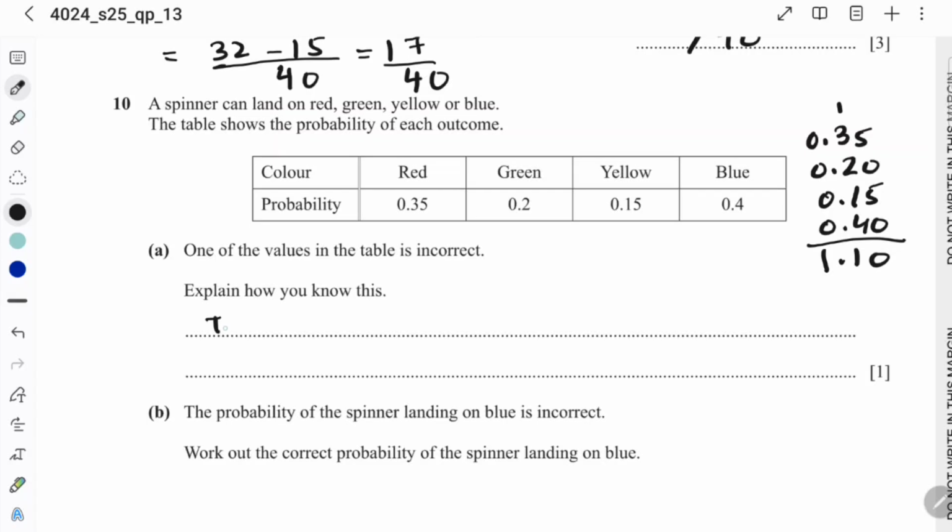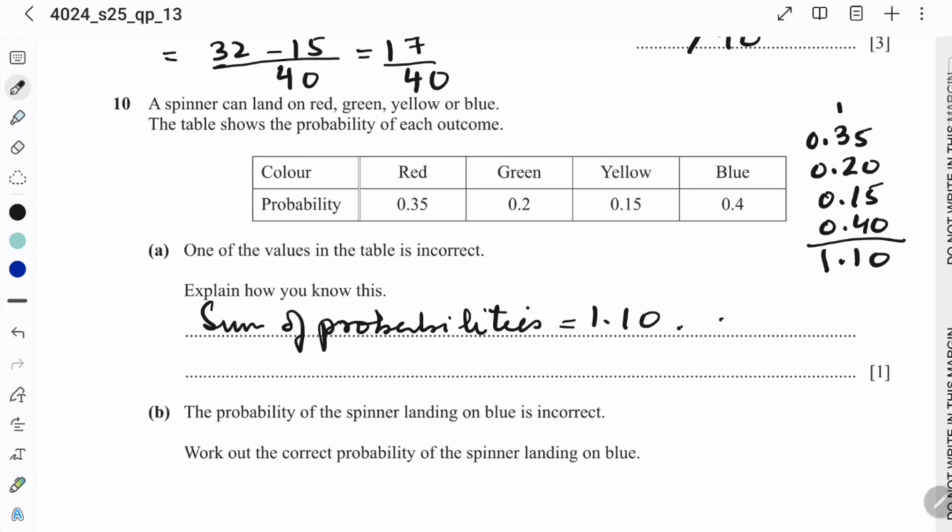So the total is equal to 1.10. The sum of the probabilities is coming to 1.10, which is not possible.